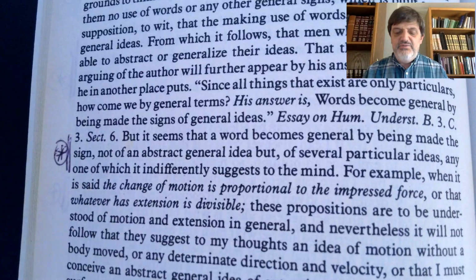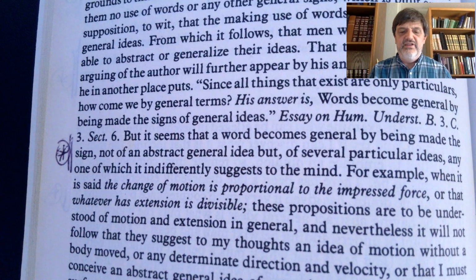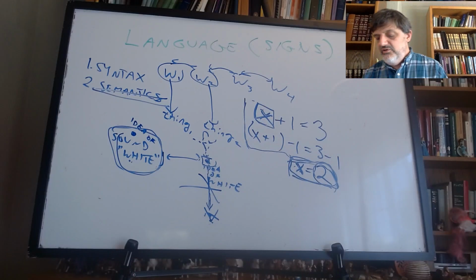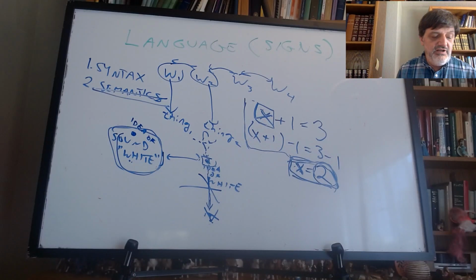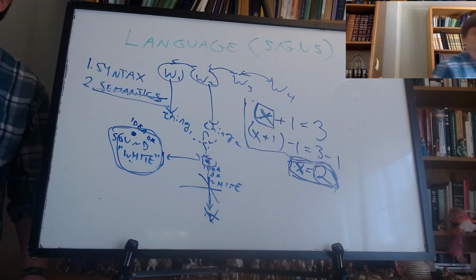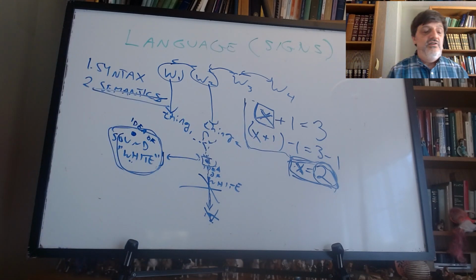Right, so the explanation of how there can be general names is that the general name, like X in this example, we could fill in any number we want for it. But a general name is a name that, according to certain rules, you can substitute some ideas for and not others.